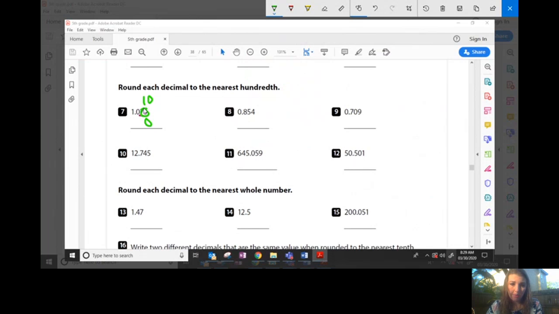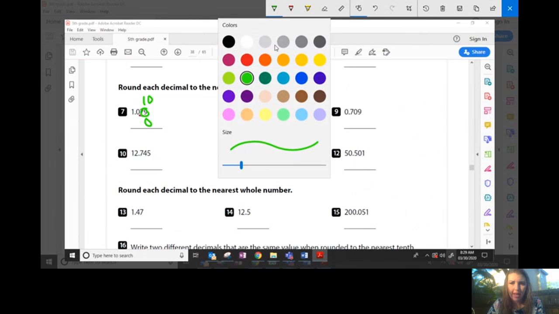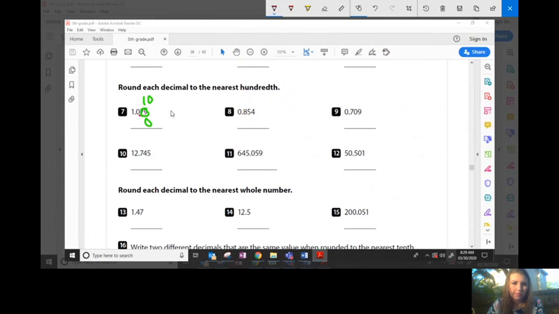9 is closer to rounding up to 10. So on this one, I'm rounding up. That's going to change some things. When I'm rounding up to 10, I can't write 10 thousandths in the same place value. A place value only holds 1 digit. So I have to regroup, just like when I'm adding and subtracting numbers.